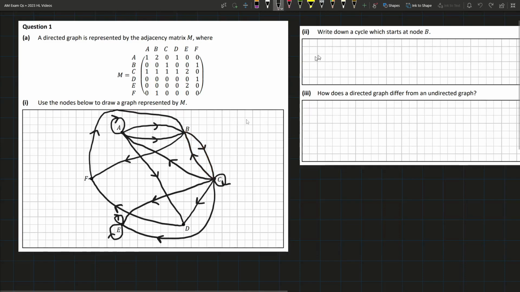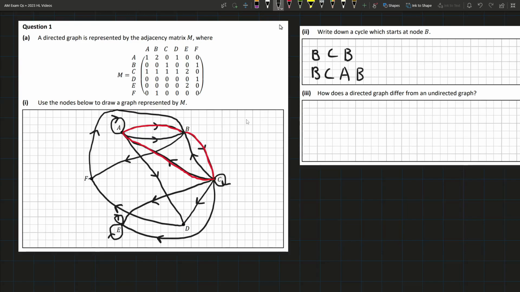You'd write that BCB. Or another one, for example, you could go from B to C, then from C to A, and then from A to B. So you could write that one as B, C, A, B. Either of those are correct. There are tons of other options as well. It's up to you which one you want to do.